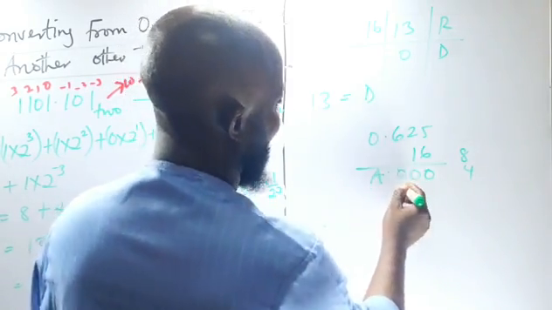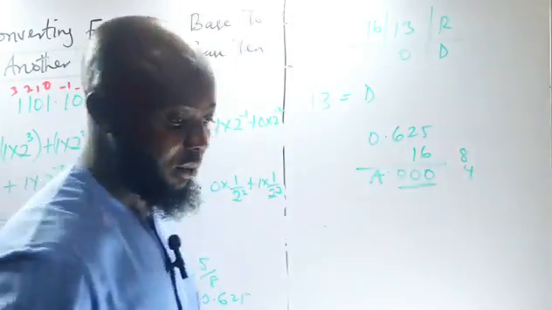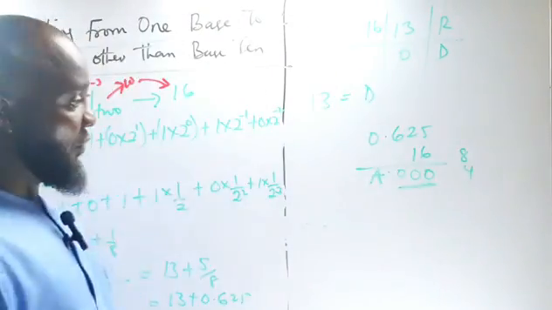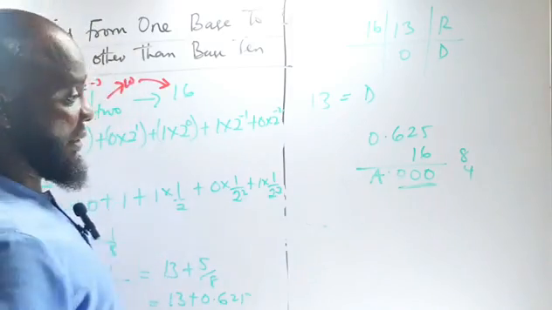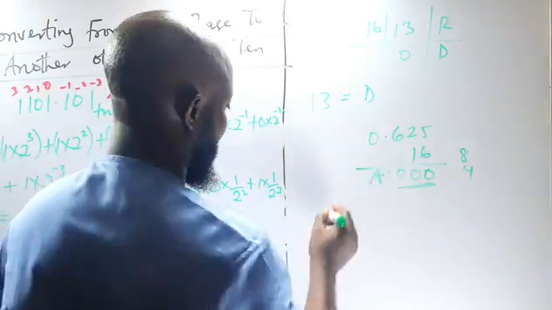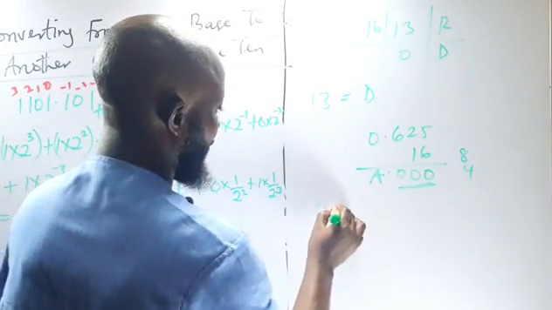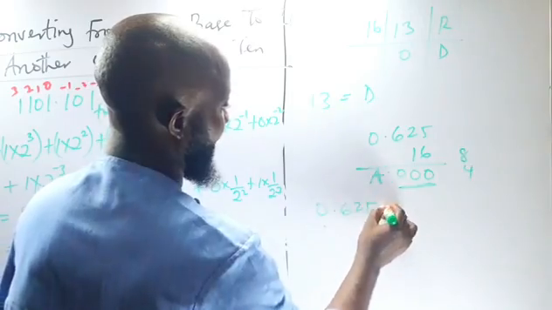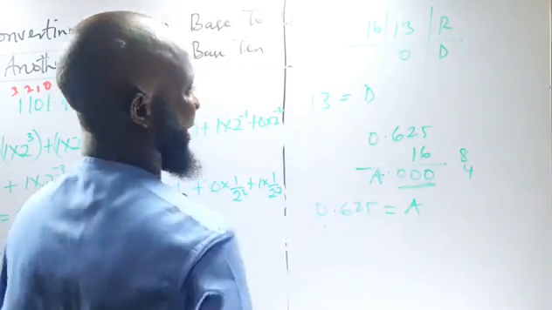So you can see that what we have here is what? 0. They are all zeros. There is no need to continue multiplying by 16 because we have 0 here already. So that means this 0.625 here is equal to what? A. That's the decimal part.